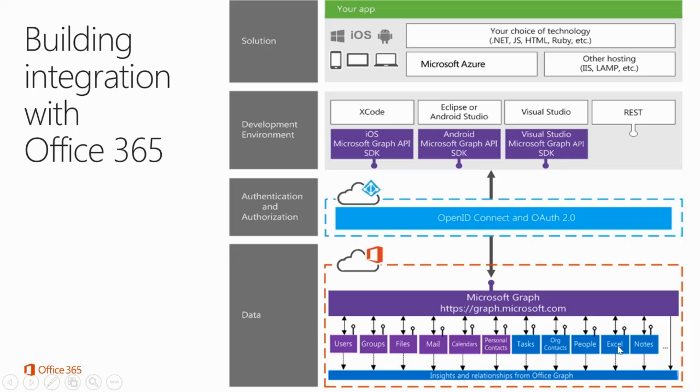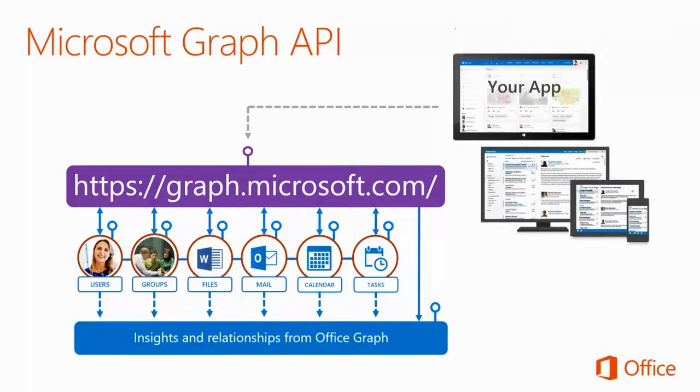There are also people, Excel, and so on. There are SDKs you can leverage from Visual Studio. There's also a REST API to make it available across any platform, and of course the mobile platforms. For authentication, you can use either OpenID Connect or OAuth 2.0. All of that is pretty open and pretty straightforward in how you use it.